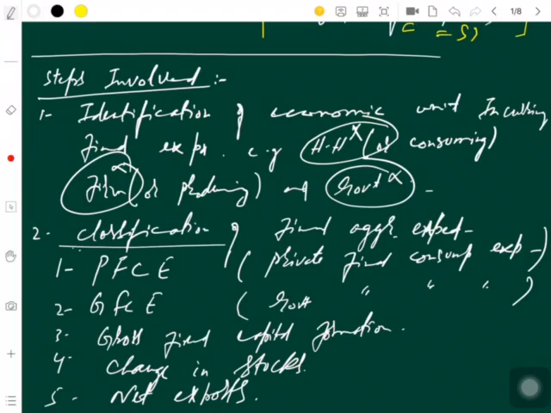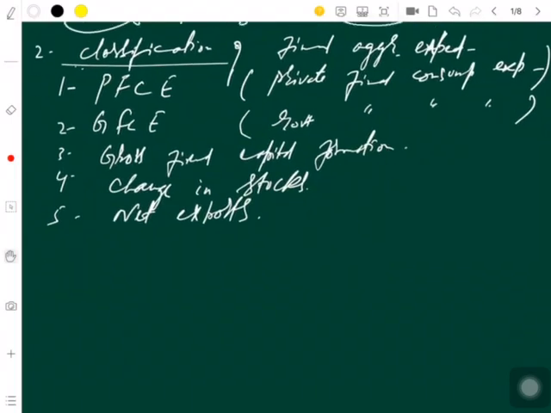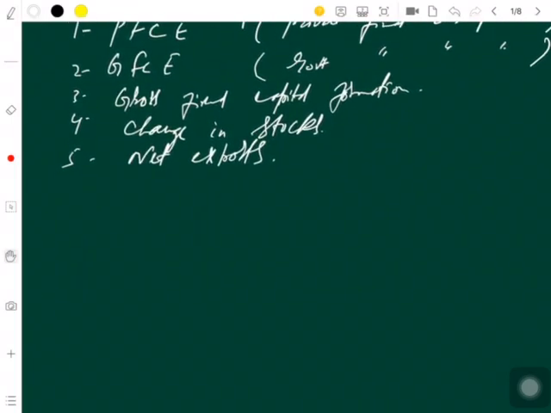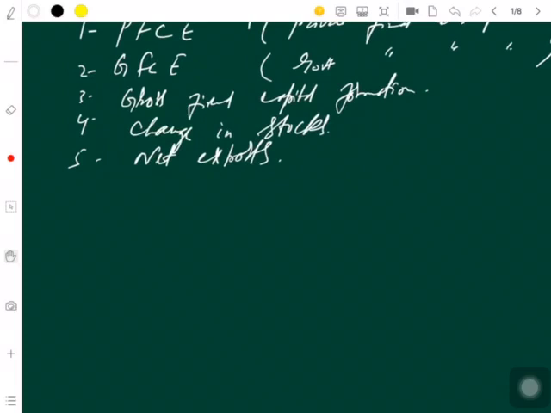After you have classified it, we will sum up all these five components. The sum of all these five will be equal to our GDP at MP. There is an alternative classification which I demonstrated a few minutes back.